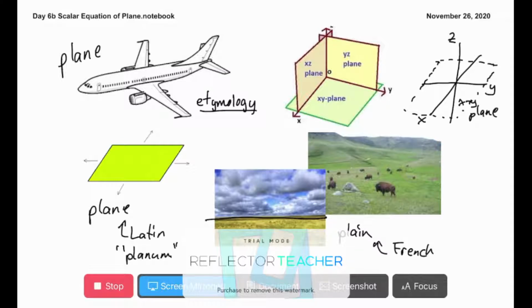And we can see here that there's 2 other planes we need to be able to define now too. So we have our xz plane, so kind of defined by the x and z axis, and then our yz plane.